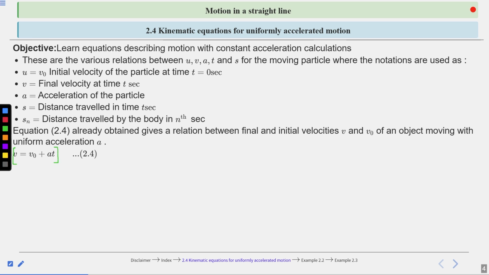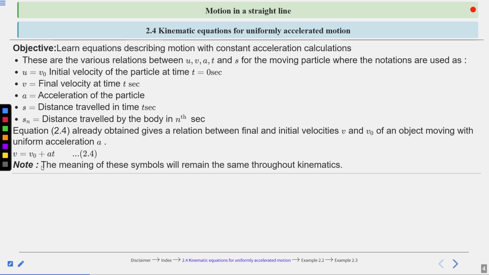This is the equation of motion in scalar form. The important point here is the meaning of these symbols: initial velocity, final velocity, acceleration of the particle, distance traveled in time t seconds, and distance traveled by a body in the nth second will remain the same throughout kinematics.